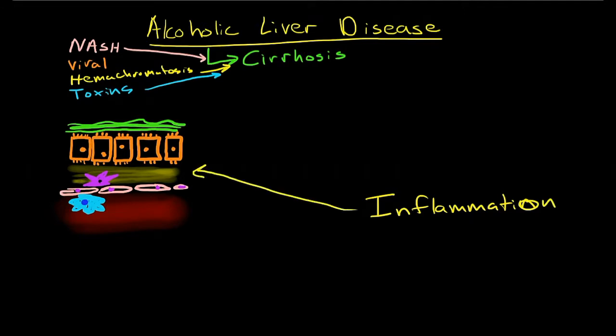Now, if you haven't watched my previous video about the physiology of the liver sinusoids, just to give you a reminder, the space of Disse is otherwise known as the perisinusoidal space. This space is in between the endothelial cells of the sinusoid and the hepatocytes themselves.